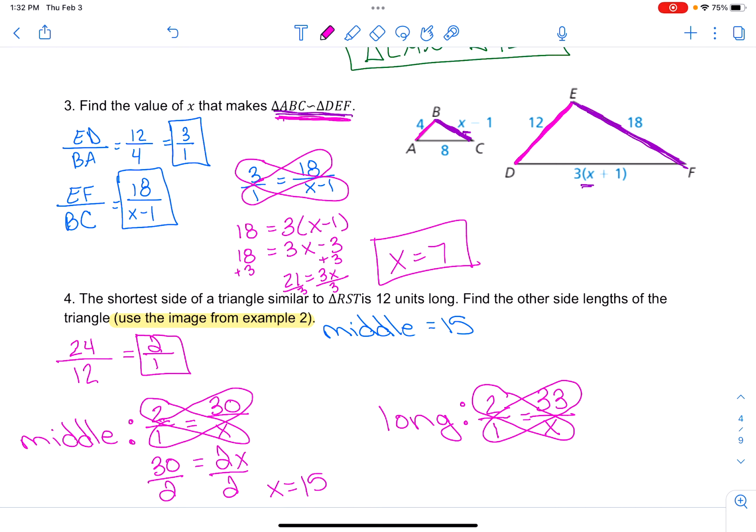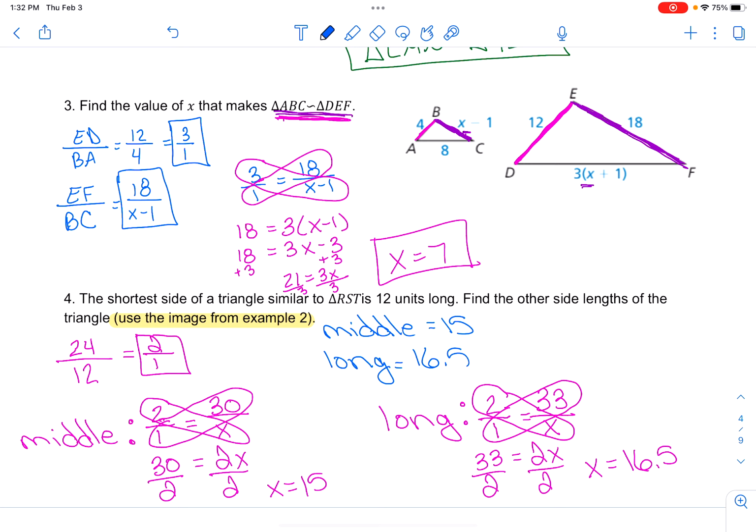So at this point, we do our cross multiplying, and we get 33 equals 2x. Divide both sides by 2, and we get x equals 16.5. So then our long side is 16.5.